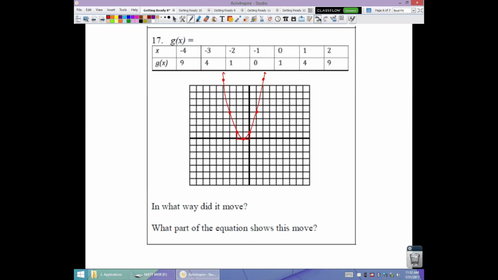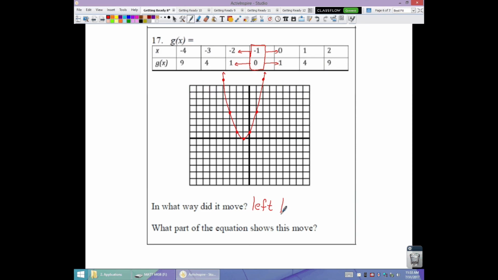That's exactly the same width as the parent one. So that tells us there was no dilation, okay? Again, we're looking from the vertex, and here's your vertex this time. When we go to the side 1 each way, this goes up 1, that goes up 1. So we have not dilated this. All we have done was moved it left 1 unit.